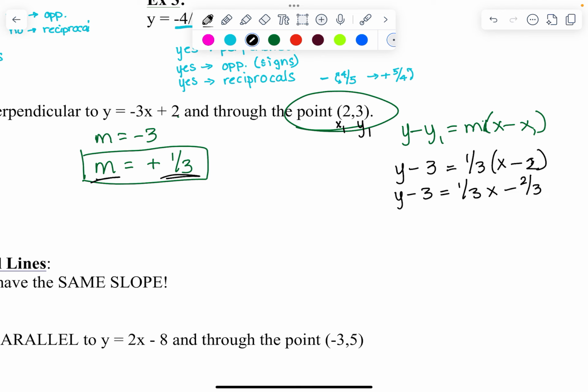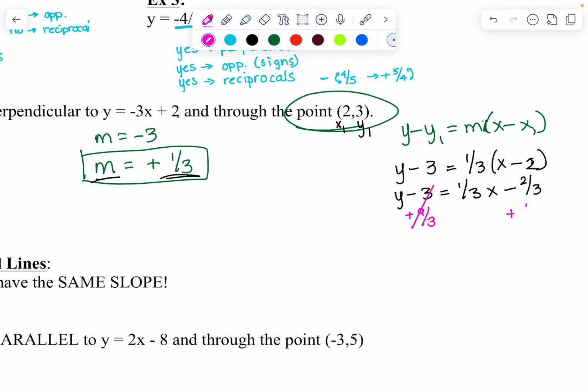I need to add 3 to both sides, right? But folks, instead of adding 3, I'm going to add 9/3, and I'll show you why. 9/3 is 3. But when I add 9/3, which is 3, they would cancel.